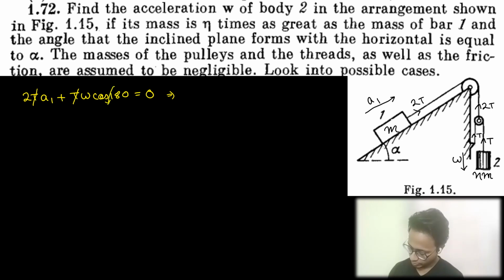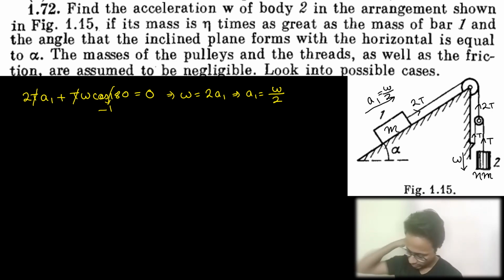Cos 180 is equal to -1, so omega is equal to 2A1, or A1 is equal to omega by 2. So if the acceleration of this block is omega, the acceleration of this block would be omega by 2. Understood? Not omega, w by 2. Irodov usually uses this symbol for acceleration.